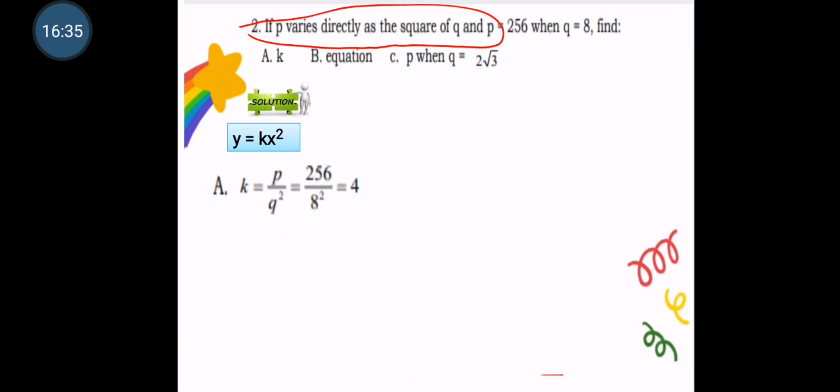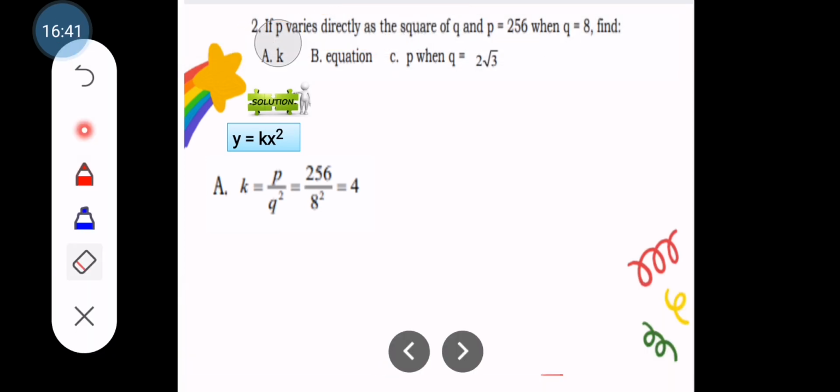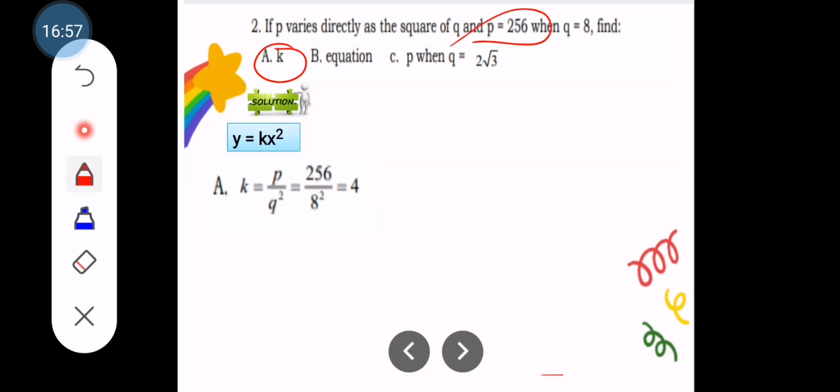Next. So, sagutin natin ang A. Ano daw ang value ng constant? Hahanapin natin ang constant. So, constant is equal to P over Q square. Since ang P natin is 256, substitute natin. And then, ang value ng Q is 8. Square it.